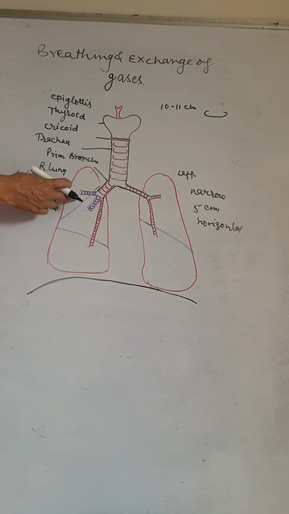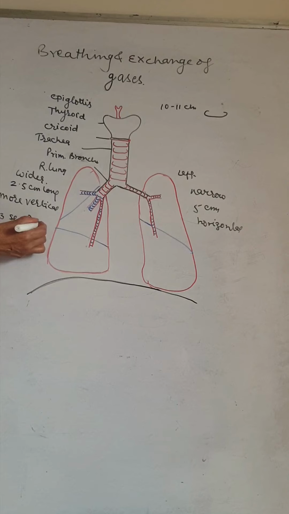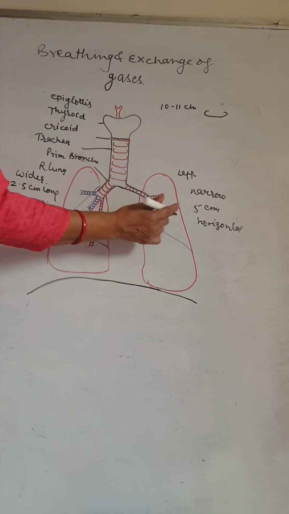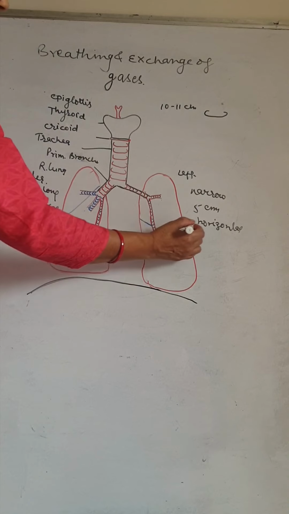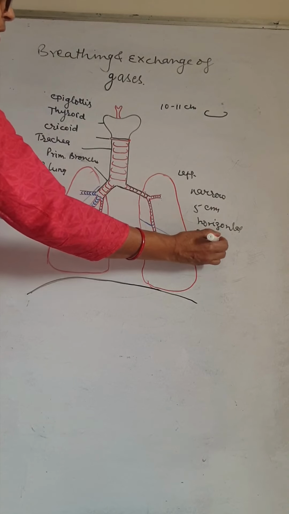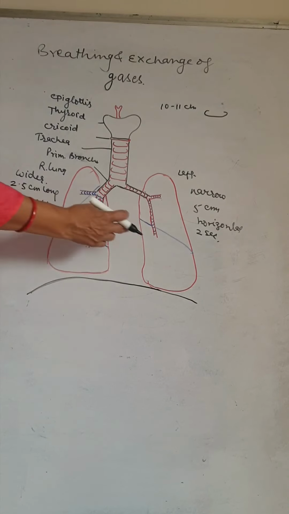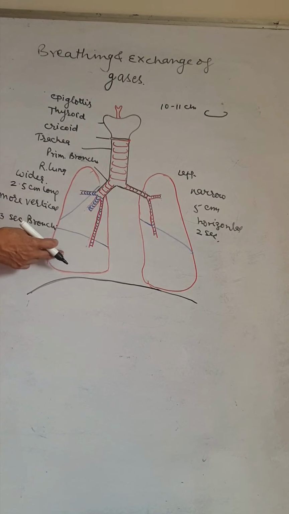The right bronchus is divided into three secondary bronchi, and the left is divided into two secondary bronchi. The left lung is smaller than the right one.